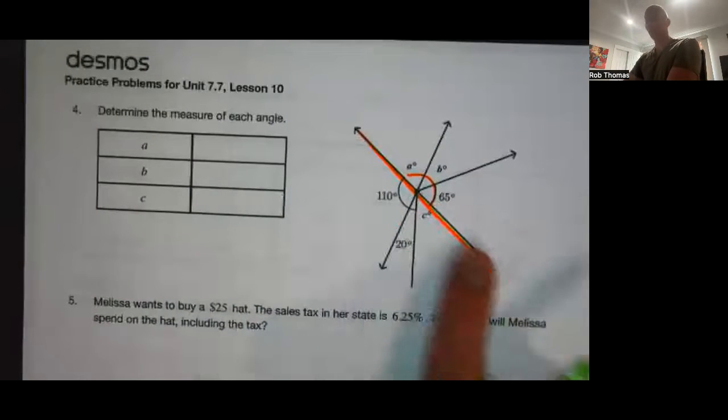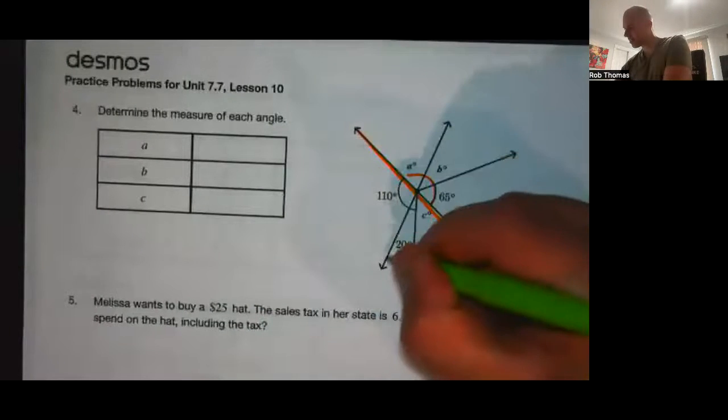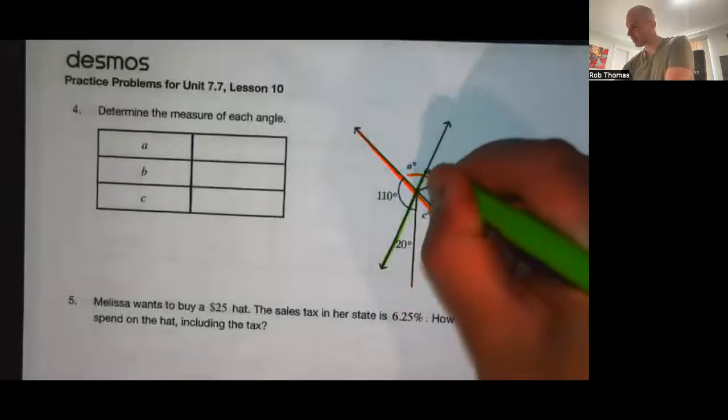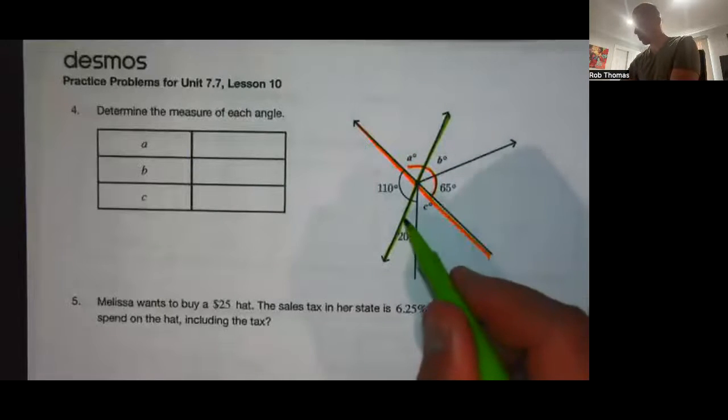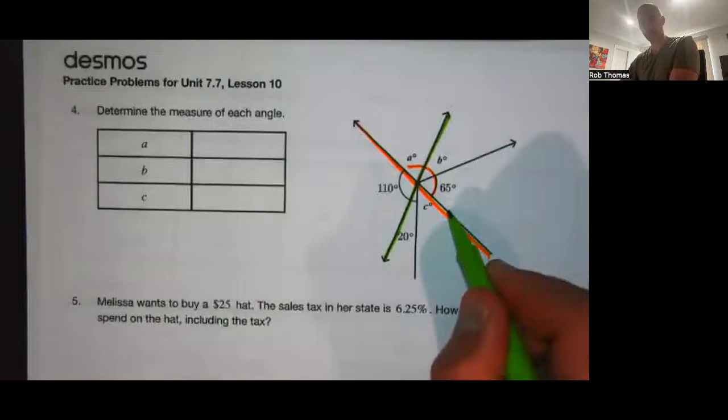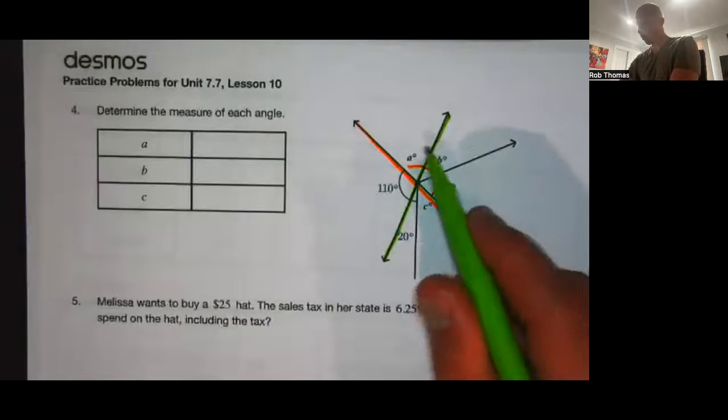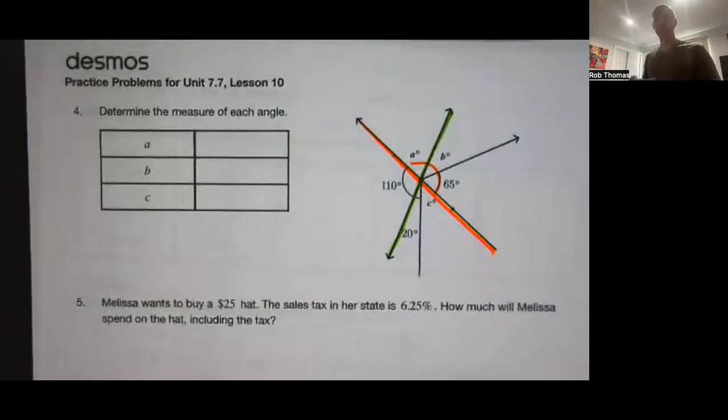But this orange line that I already highlighted and this one that I'm going to highlight as green are 2 intersecting lines. And so the angle from green to orange here and the angle from green to orange here have to be equal. So these are all some different facts that we could use to help us along the way.